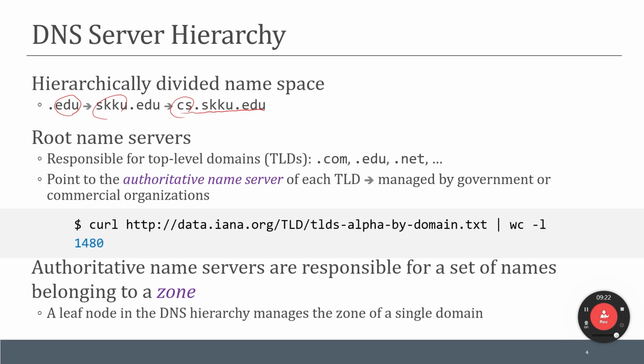And actually, this last part is managed by root name servers. And this root name server is responsible for the top level domain. These are the top level domains, like .com, .edu, .net, .ac.kr, and other country domains.